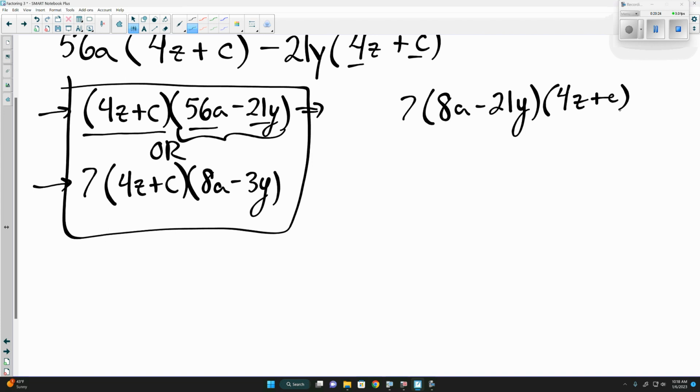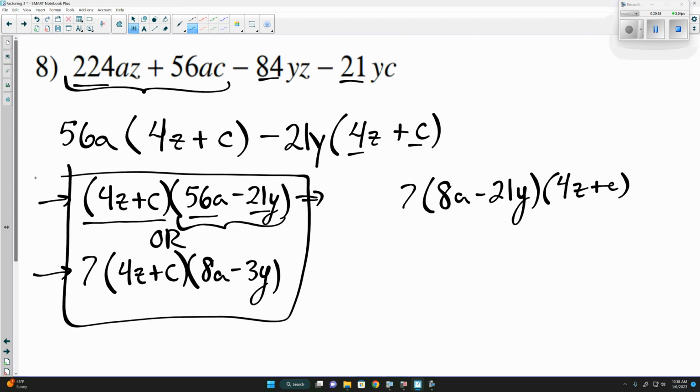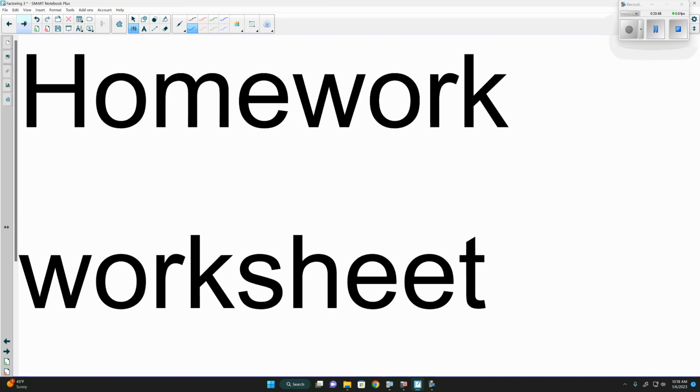Now, because it was kind of hard to see, it actually worked out that at the beginning we could have factored the 7 out and then gone through our steps. But it works out that all 4 of these here are divisible by 7. So we could have factored that out originally. But either way works. Questions on this here? And that is it.